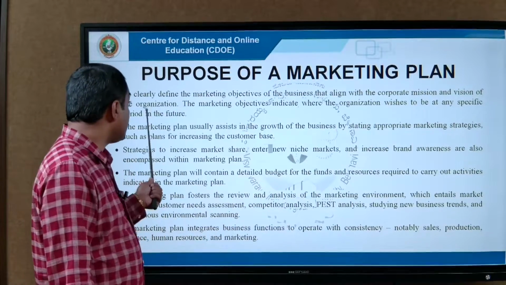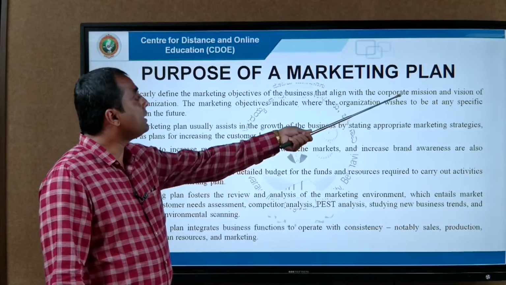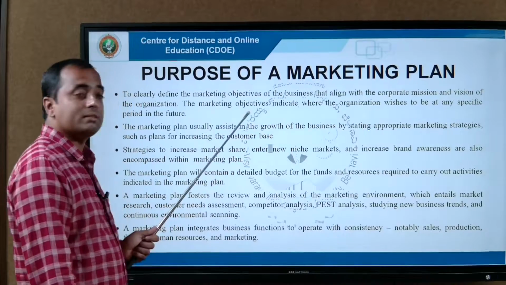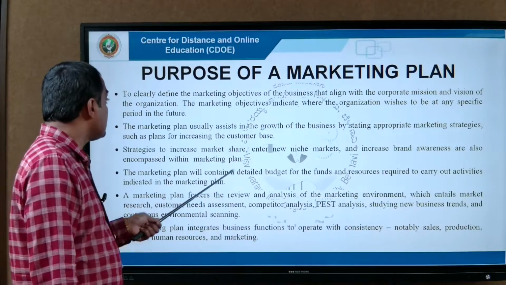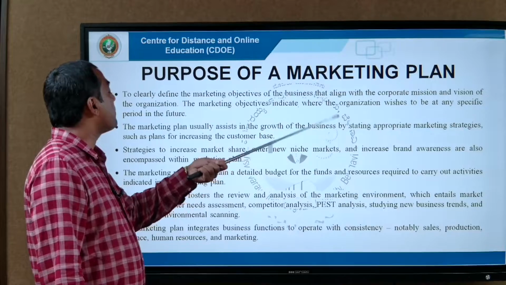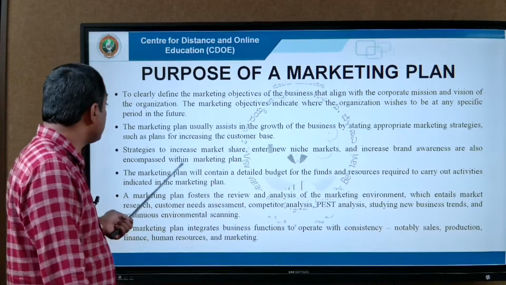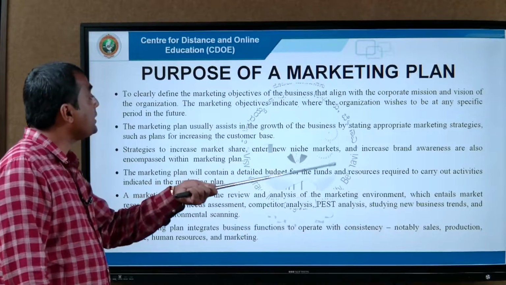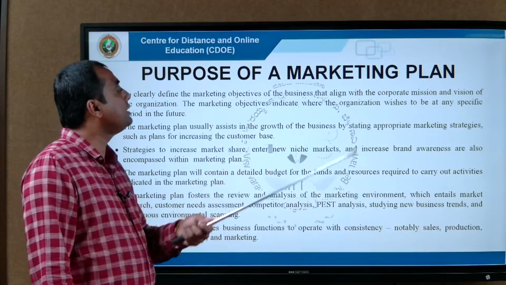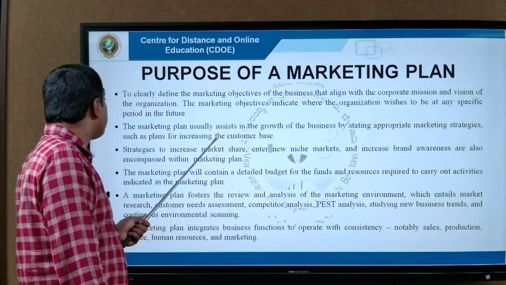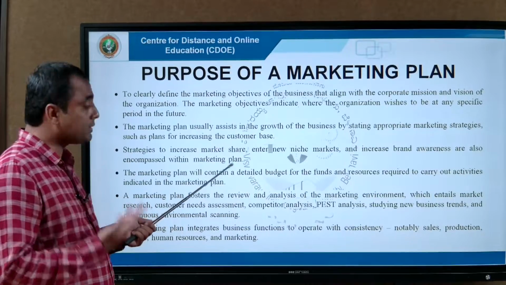So one is to have clear-cut mission and vision for the organization. Second is to assist the appropriate marketing strategy for increasing the customer base. Next is to increase market share and enter into niche markets. Then to increase brand awareness. That is also a purpose.